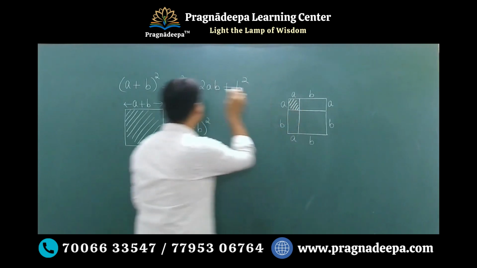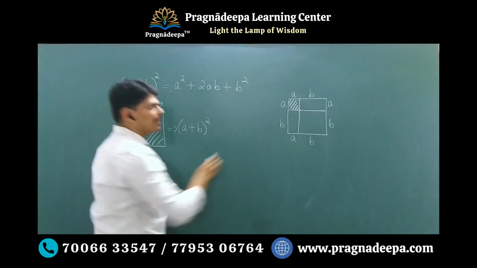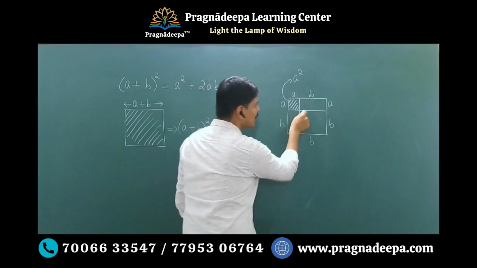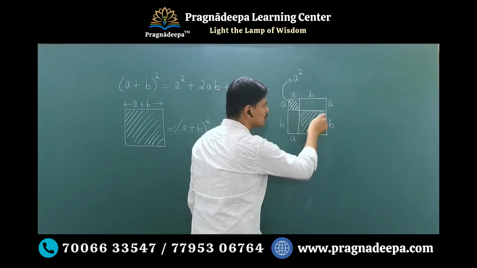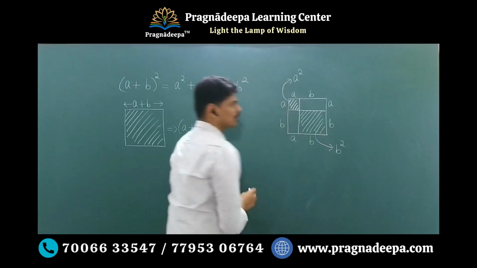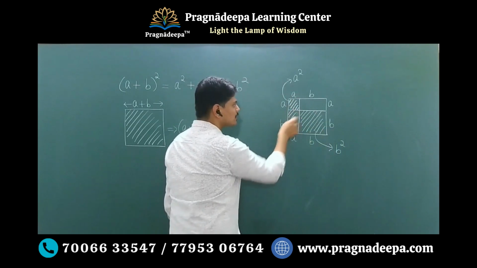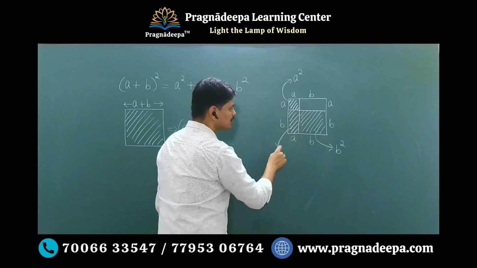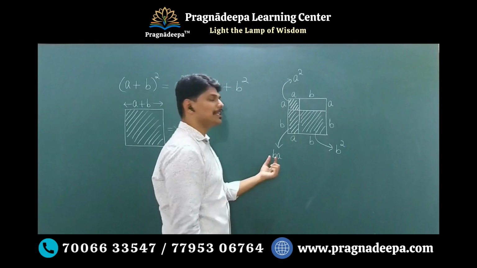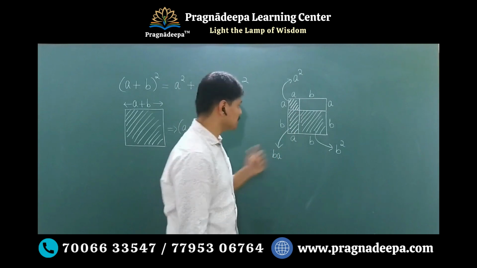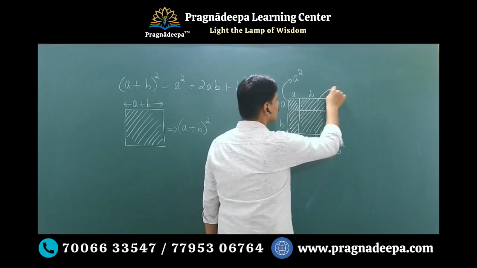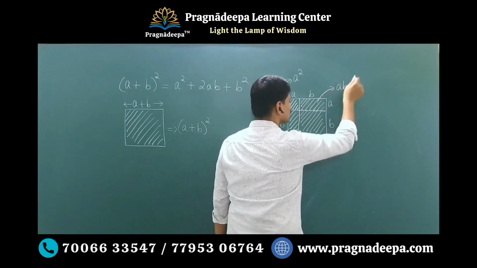Yes, it is a square, so the area of this portion is a². What is the area of this portion? Yes, the area is b². Then what is the area of this? The area of this is b into a or a into b, because we know that multiplication is commutative. And what is the area of this? Yes, the area is ab or ba, whatever.